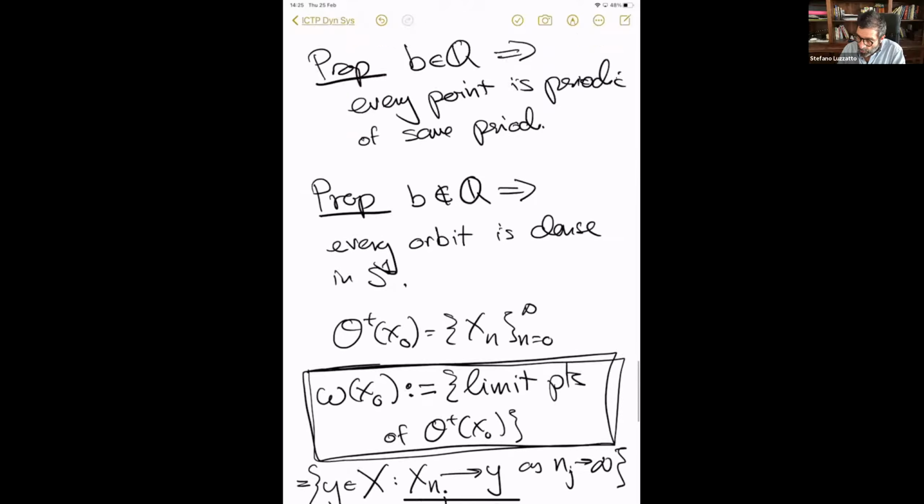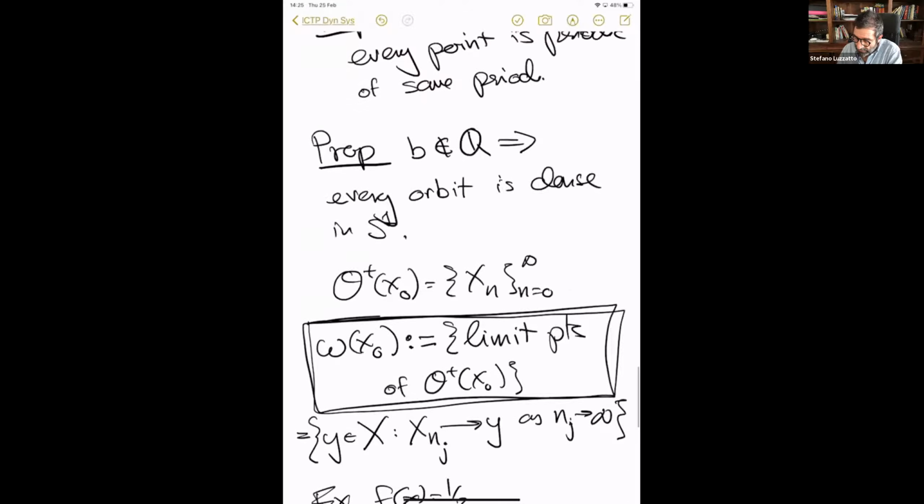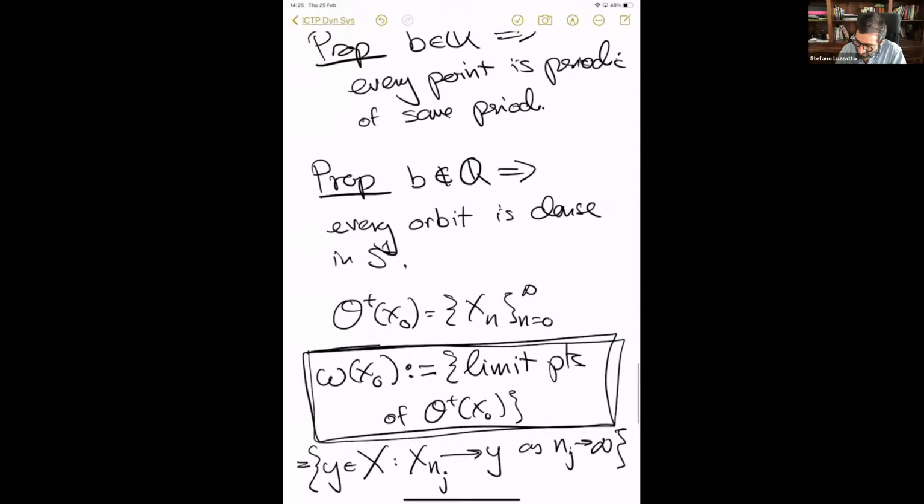So what we're going to show here precisely is that every orbit is dense, which is a bit like saying that the omega limit set of every orbit is equal to all of S1. It means that every point on the circle is a limit point of the sequence.